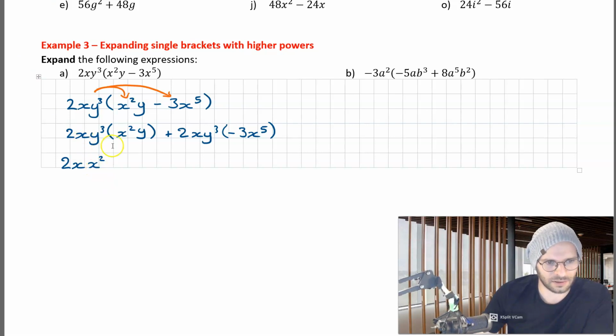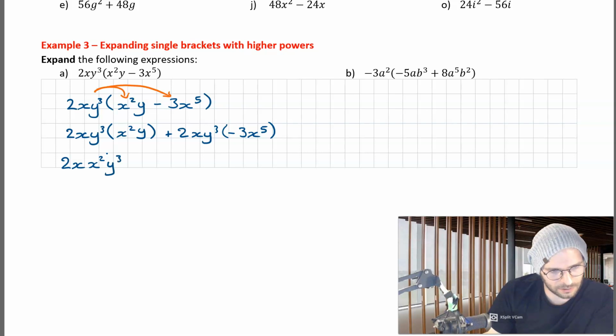2x x squared, then y cubed y, and then using the rules of algebra, the x times the x squared is going to be x cubed, and then the y cubed y is going to be y to the 4. So that's our first term.